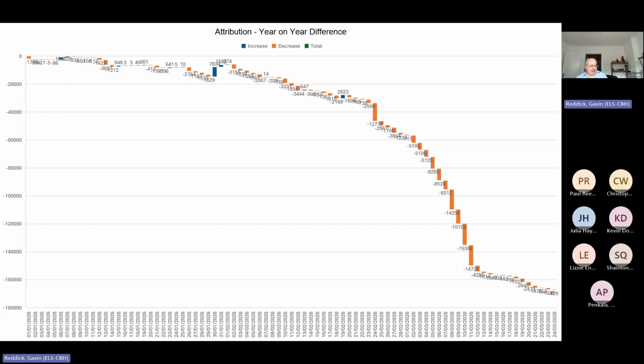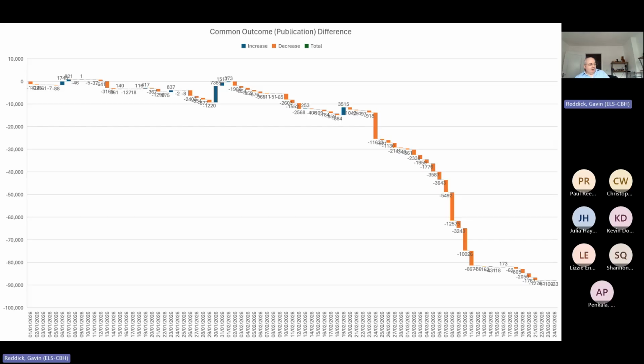So what do we actually see? What makes up that difference? The first, and a little bit surprising, was the reduction in publication attributions. Actually the biggest single area here was publications. And publications is one of those areas where a lot of the activity is driven by harvesting, so a big chunk there.